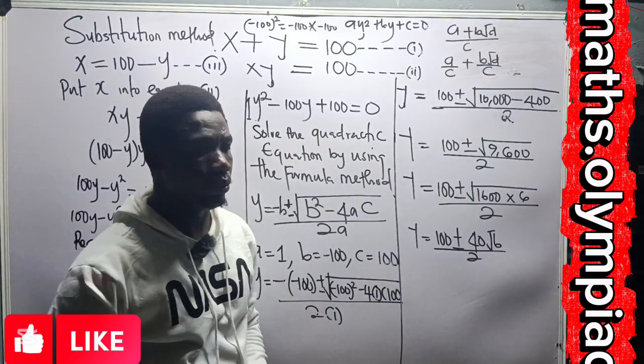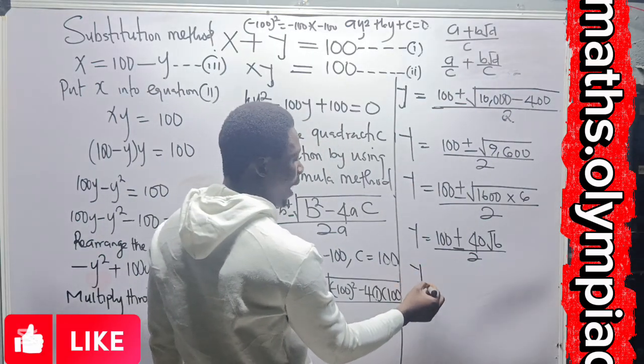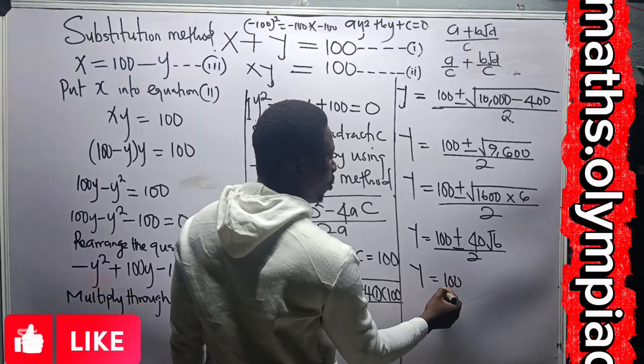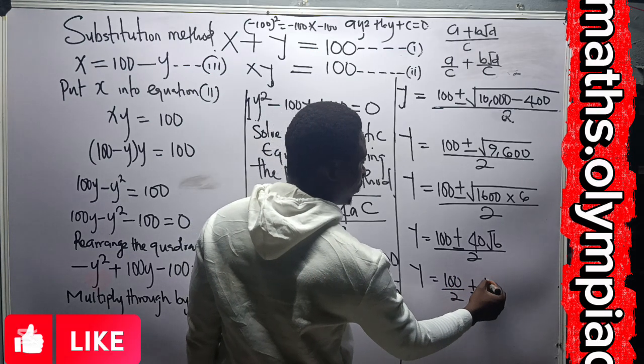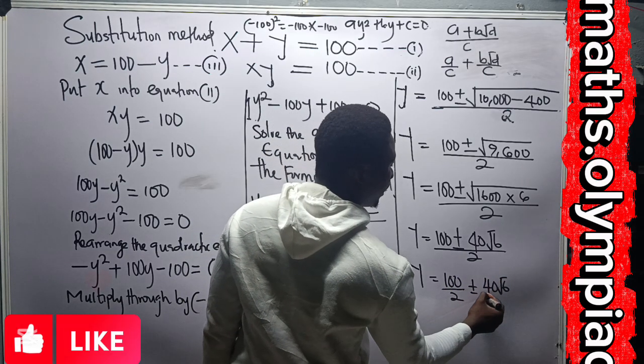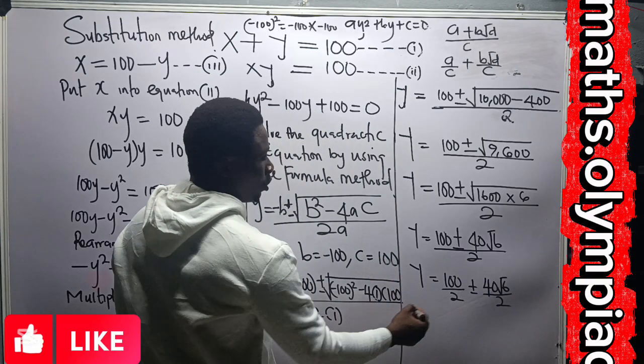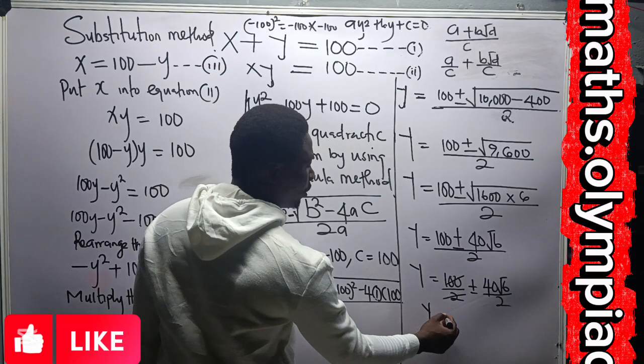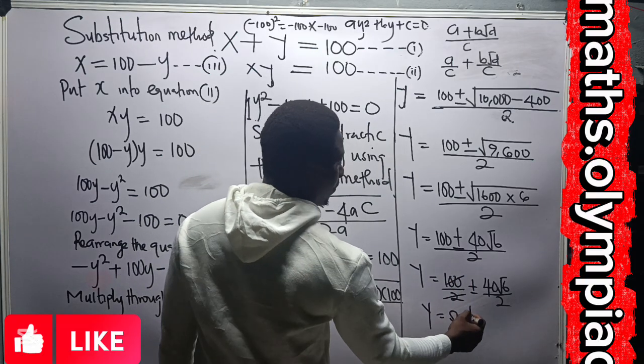That's the best you can do. So if we simplify this, we have y equals to 100 over 2 plus or minus 40 root 6 over 2.